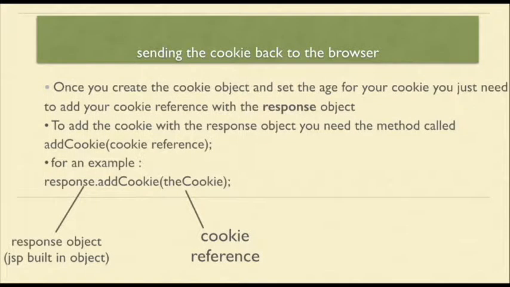Alright, so what to do once we set our age? Once you set the age for your cookie, then all you need to do is step number three, adding the cookie to the browser. So now our cookie has been created, right?